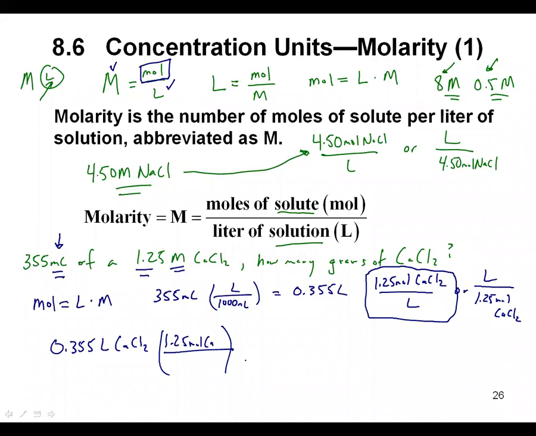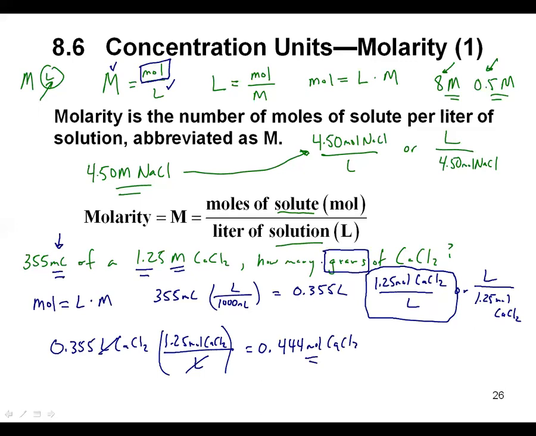Liters will cancel, and we will end up with 0.444 moles of calcium chloride. So that's close to what we want, but we do want grams.